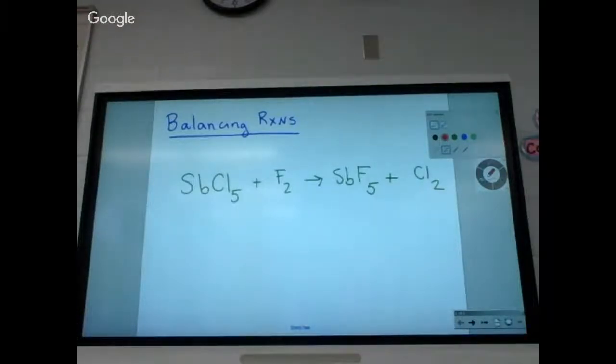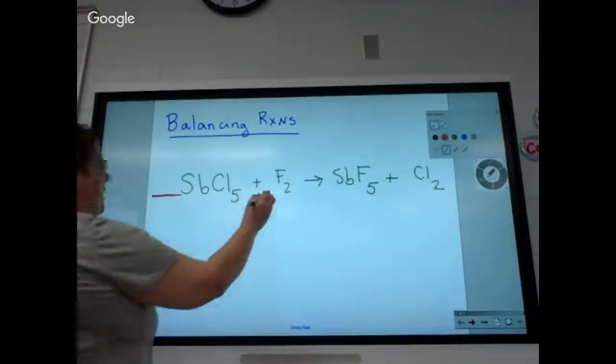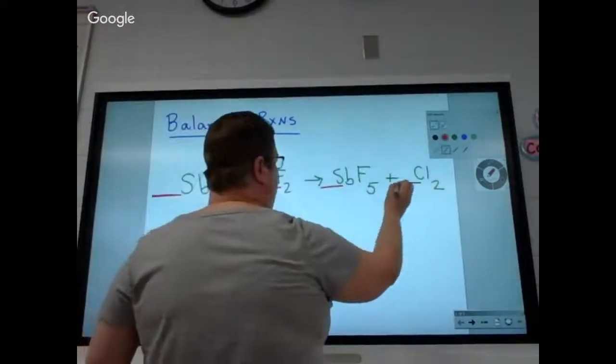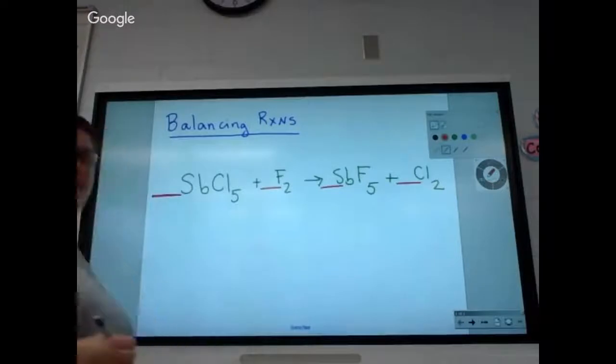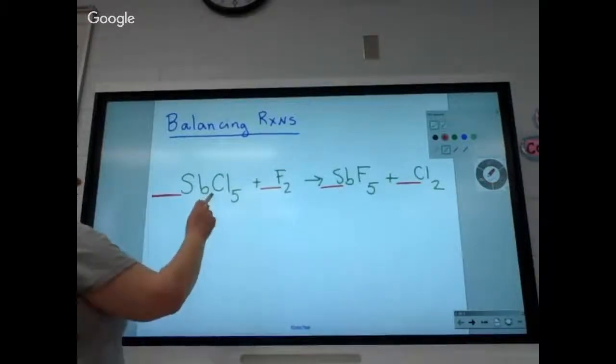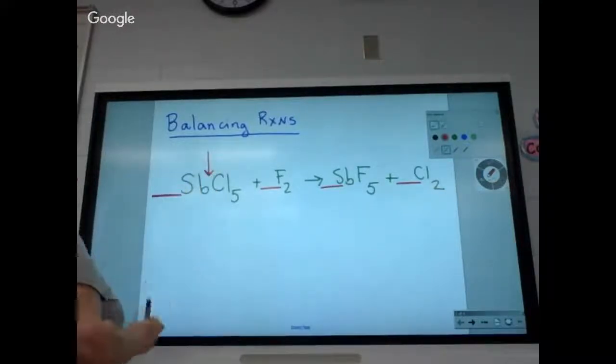Okay? Now, the only places you can put coefficients are at the very beginning of the compounds. They go at the front of the compound. We never put anything in the middle of a compound. So, for example, if we need something to be in front of this chlorine, can I put something right here in front of this chlorine?